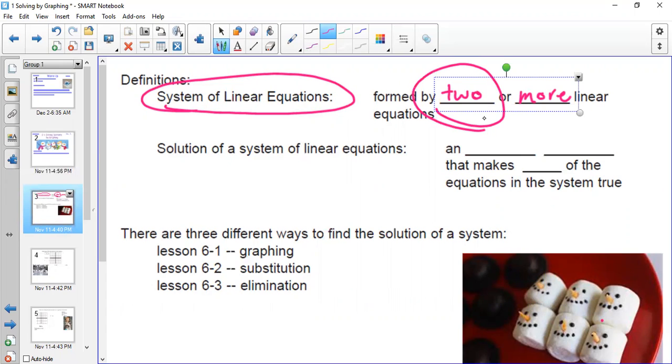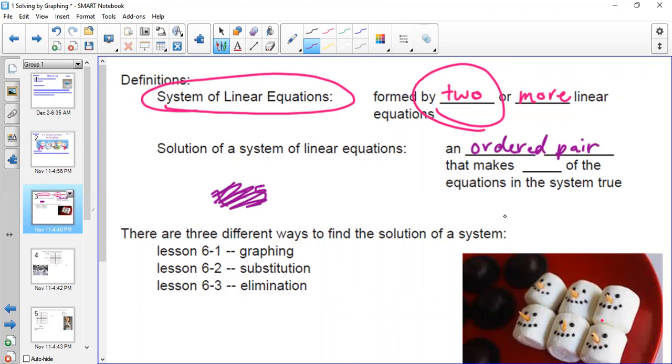All right, so what is a solution of a linear system? You guys are used to solutions of equations where it's like x equals 5, and that's your one answer. Well, it's not just x, we actually need an ordered pair that makes the system true.